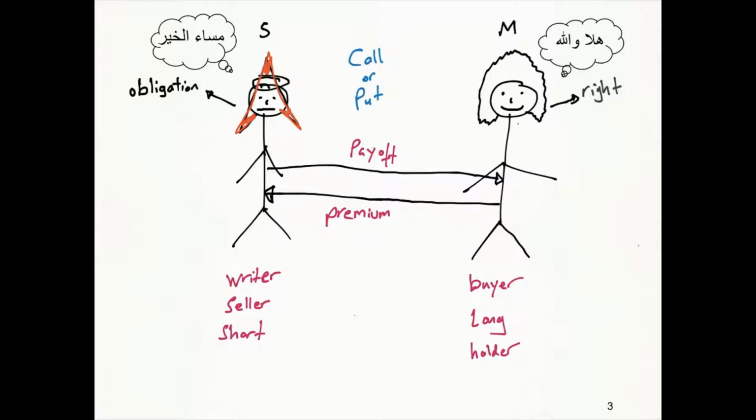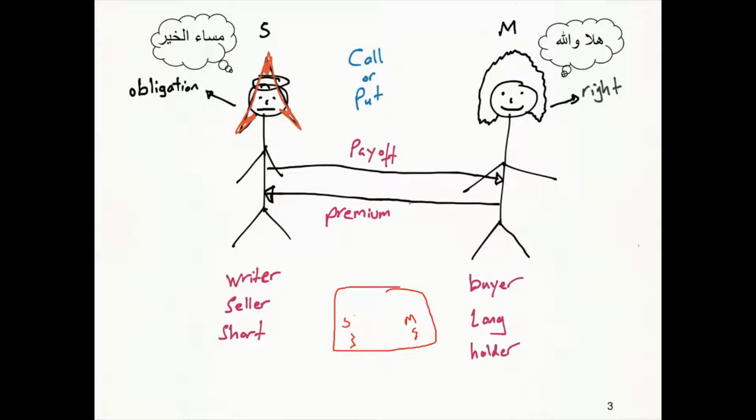Now, for Mr. M, the buyer of the option, at the time they signed the contract between S and M, the buyer has to pay to the short investor or to the writer of the option the premium. This applies whether we are dealing with a call option or a put option.